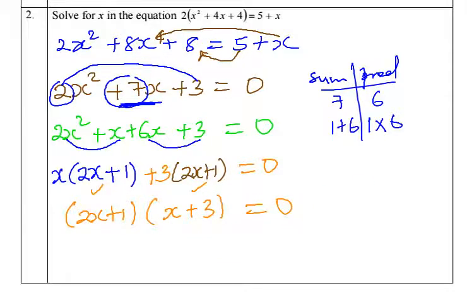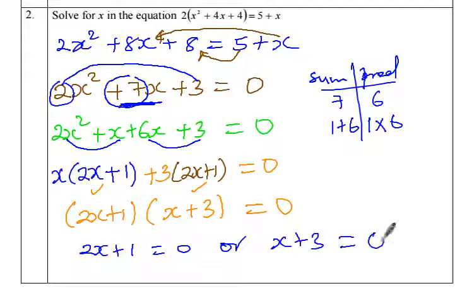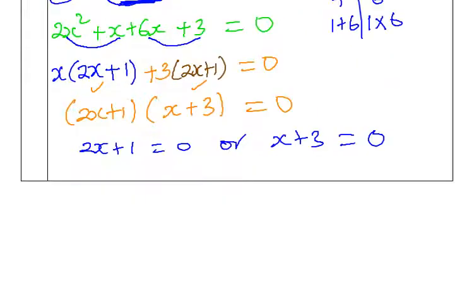Okay, and now remember, we said that the moment you multiply two numbers and they give you a 0, that means either this number here, 2x plus 1 is equal to 0, or if this number is not 0, then the x plus 3 should be a 0. That's the idea behind solving a quadratic equation by factorization method.